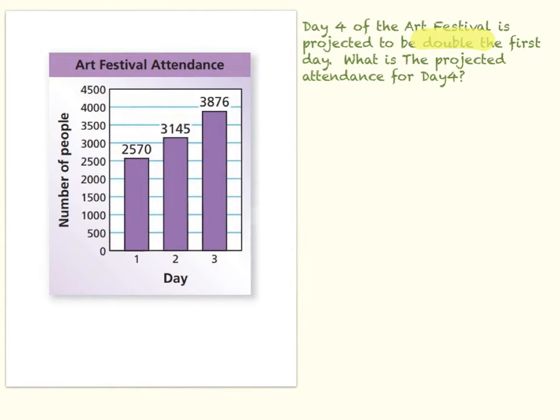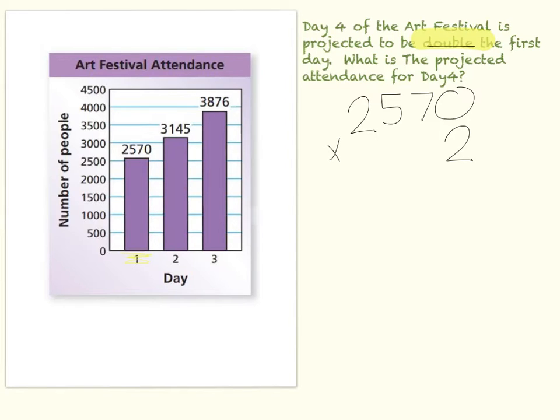And if it's something that's done twice, we can multiply it by 2. So I'm going to find the first day. And the first day has 2,570. And so I'm going to take 2,570 and multiply it by 2 so that I can double the attendance.